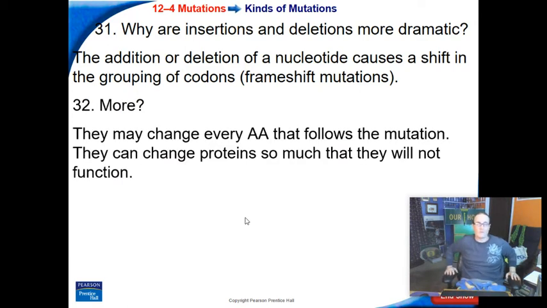Okay, more information about that. They may change every amino acid that follows the mutation. They can change proteins so much that they will not function. And if it's an important protein, so remember, cystic fibrosis, which you have learned about in the movie. In cystic fibrosis, that protein allows salt to leave the cell, lung cells.